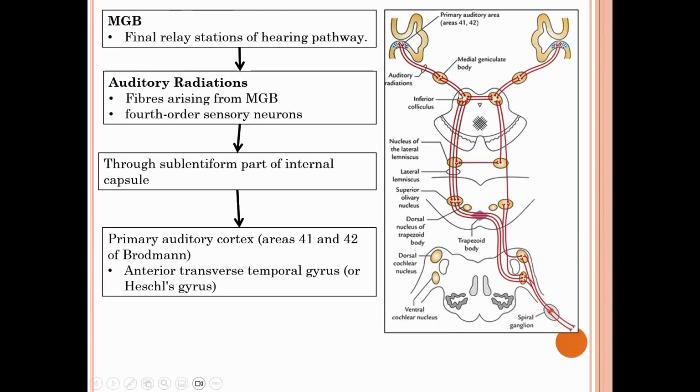They relay at the inferior colliculus, and from here they go to the medial geniculate body where the fourth order neurons arise, which reach the primary auditory cortex, area 41 and 42 of Brodmann, via the auditory radiation passing through the sublentiform part of the internal capsule.